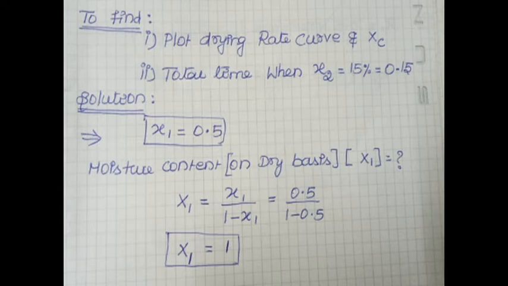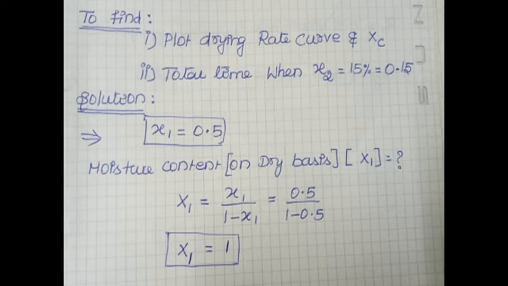Okay. Here we convert from wet basis to dry basis. The moisture content on dry basis, capital X1, is equal to small x1 divided by 1 minus x1. This is the conversion formula from wet basis to dry basis. Are you clear or not? Okay. Small x1 is the moisture content on wet basis, already given data. You should take 0.5 divided by 1 minus 0.5.